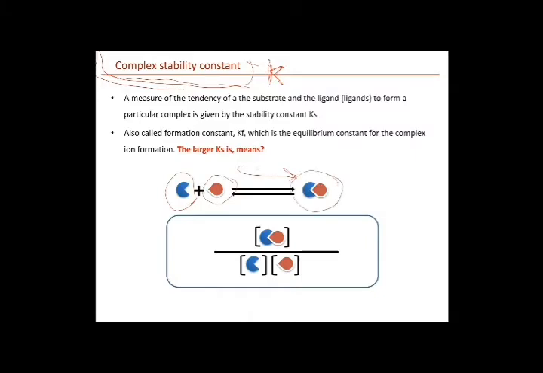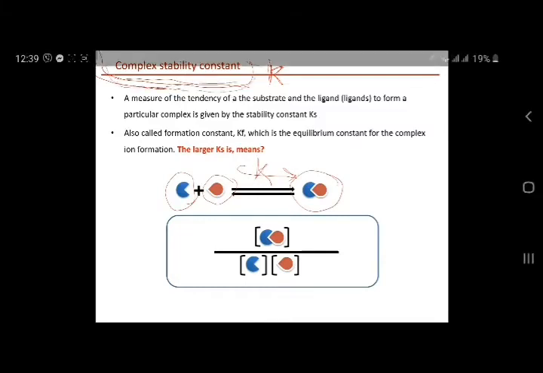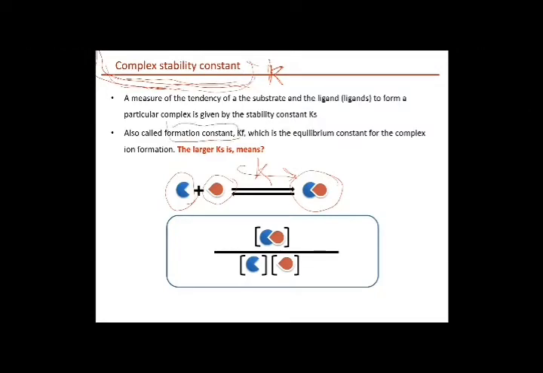Again, here we have a K, or a complex stability constant, or formation constant, or KF. You can call it several different abbreviations or names, but in this slide we call it a stability constant. And again, you know that if the complex stability constant or formation constant is high, that means we have more product.